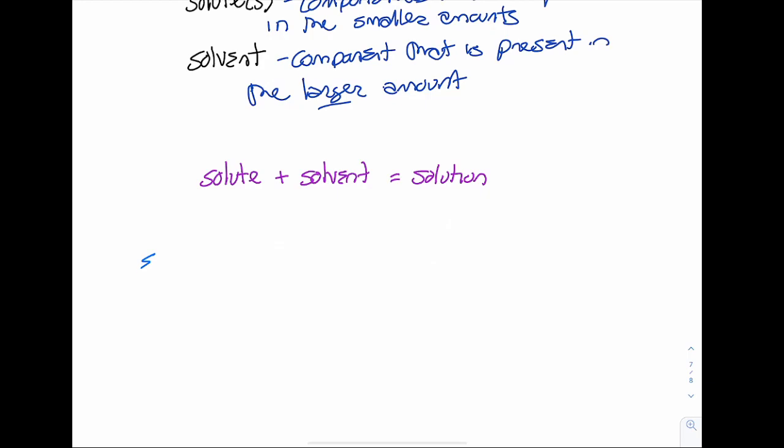It is really common, watch out for this, to assume that if water is part of our solution, that water is the solvent. That's not always going to be the case. So an example, if I had a 70% methanol solution, and this is an aqueous solution.